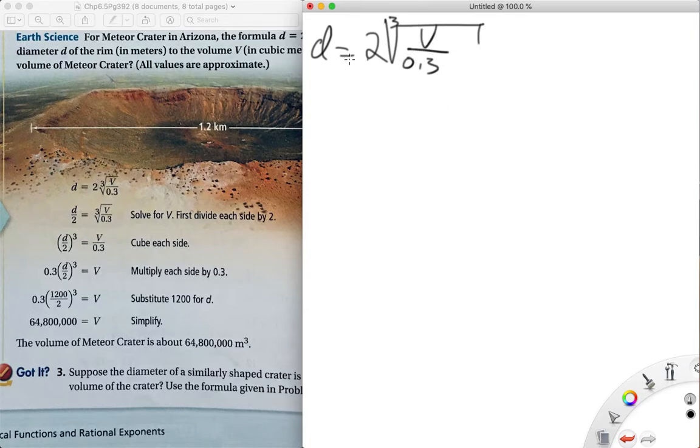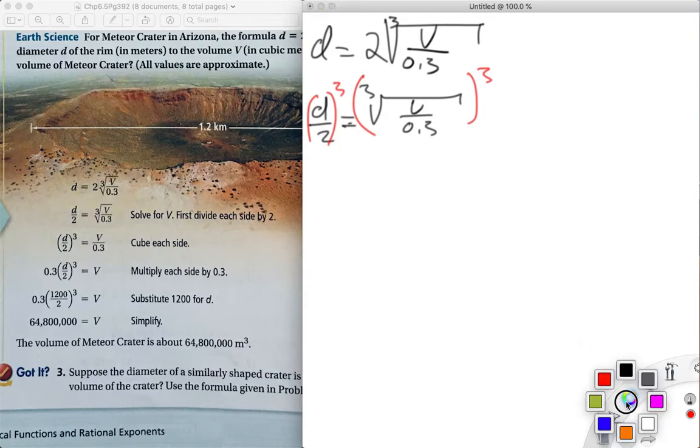First thing I'm going to do is divide by 2 and get rid of that 2. That leaves me the cube root of the volume over 0.3. Next I'm going to cube it, because that's the opposite of cube rooting. What I do on one side, I do to the other.